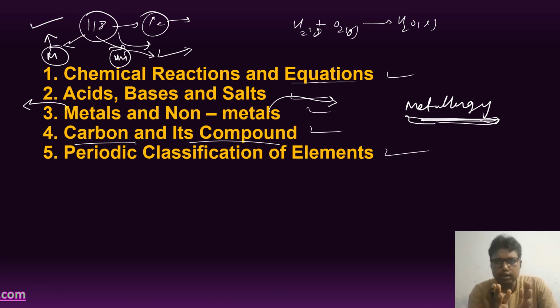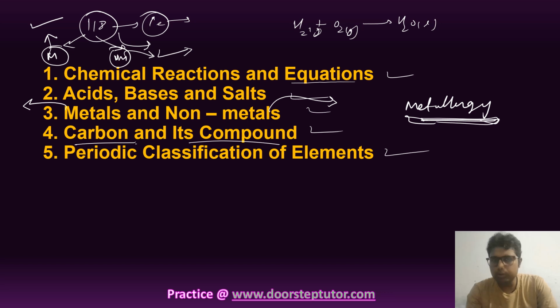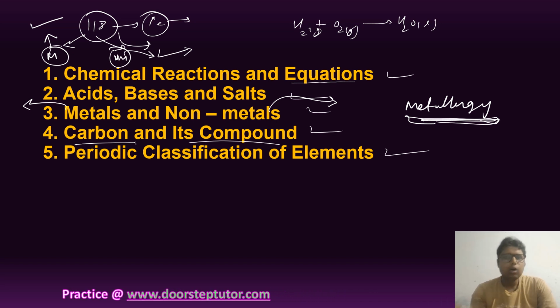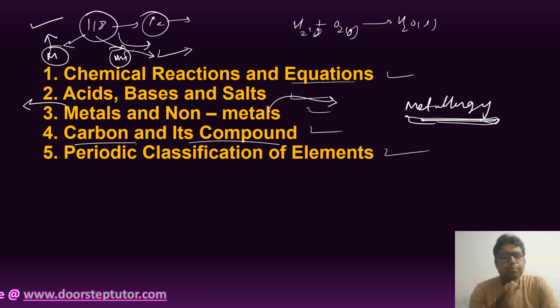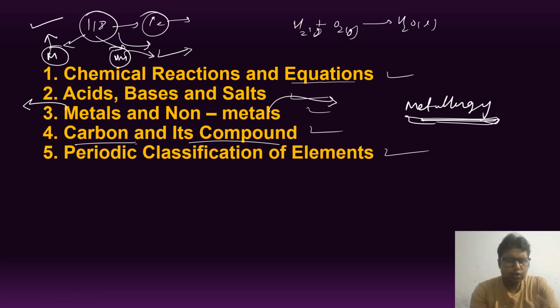We will understand the common names of alkanes, alkenes and alkynes, and how to do the IUPAC nomenclature naming of alkanes, alkenes, and alkynes. We will also understand some of the common names. This is about carbon and its compounds, and there are some other topics which we will understand in this particular chapter.